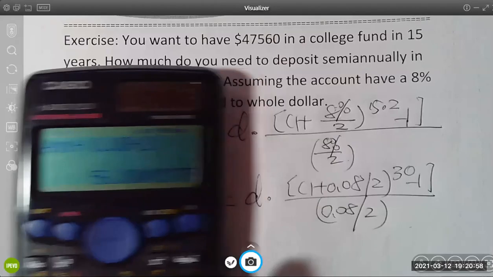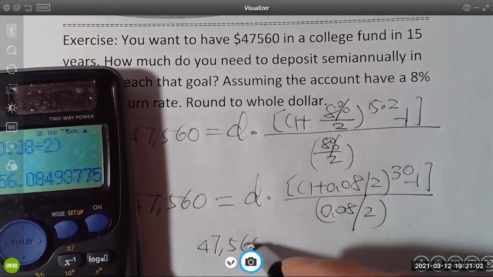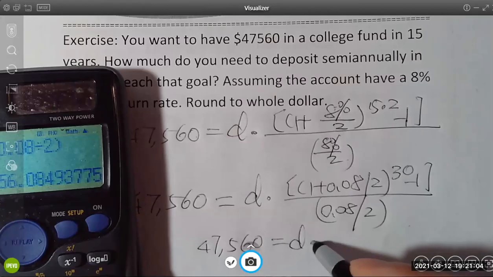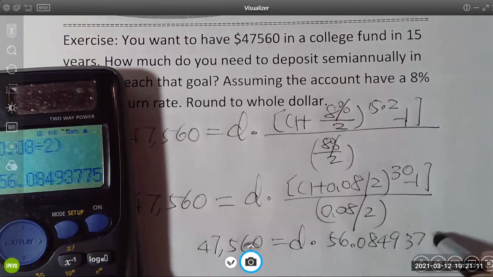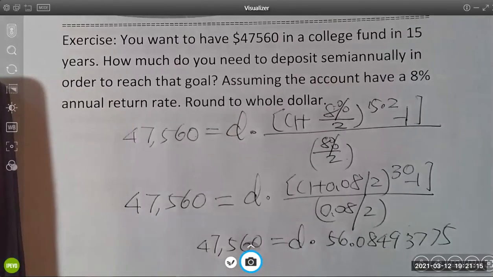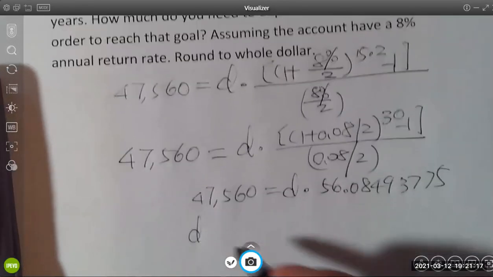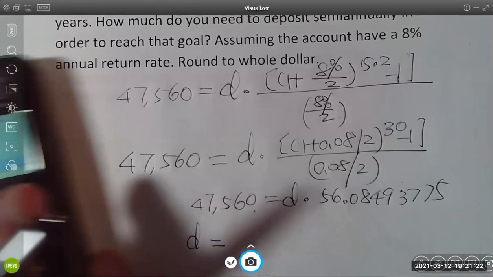So write down this number, 56.08493775. 47,560 equals D times this. Yeah, so we just do a simple division now. D equals the number on the left-hand side divided by the number we just got.